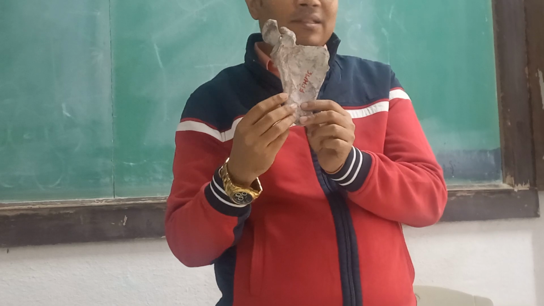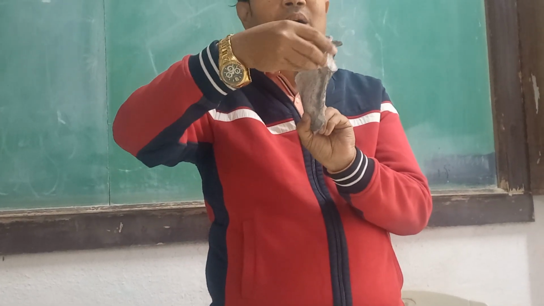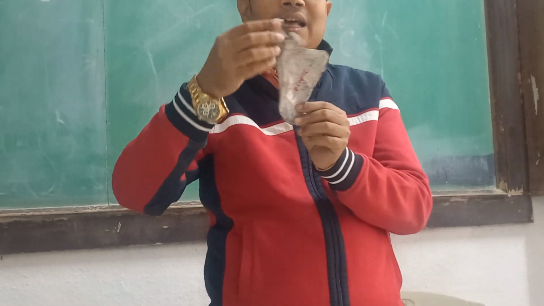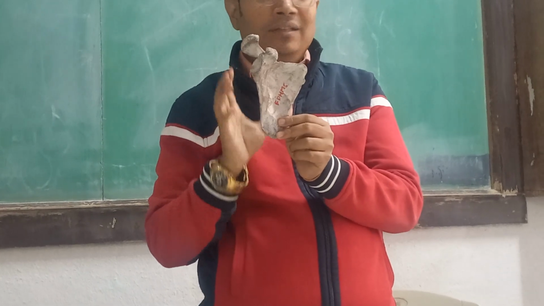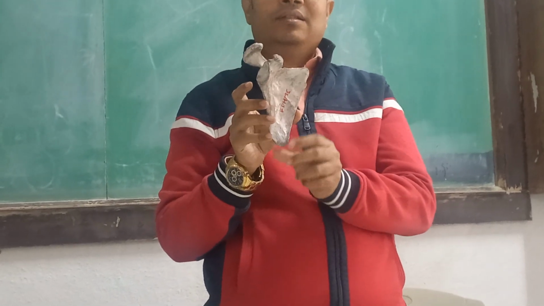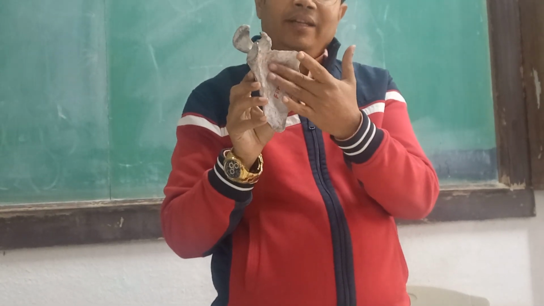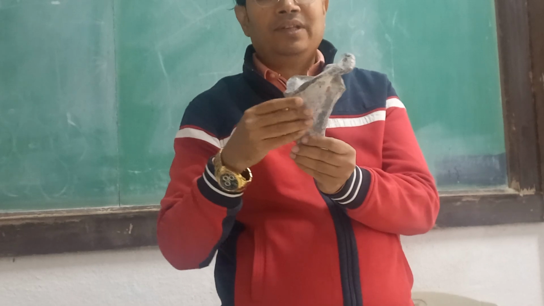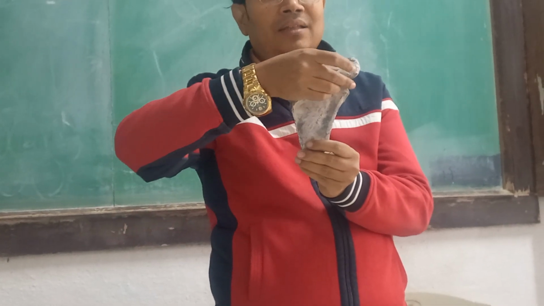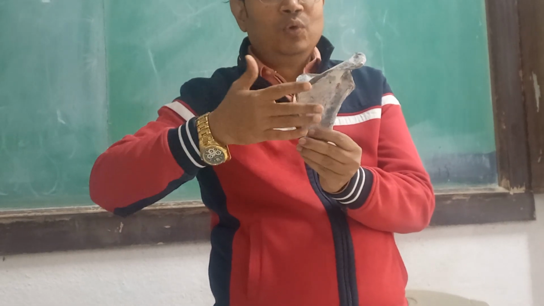Again three processes: this spinous process extending up to this part is called the acromion process, and this is the coracoid process. So three angles, three borders, three processes. Regarding surface, it has two surfaces. The anterior surface is concave, also called the subscapular fossa, and the posterior surface is subdivided by the spinous process into two fossae.